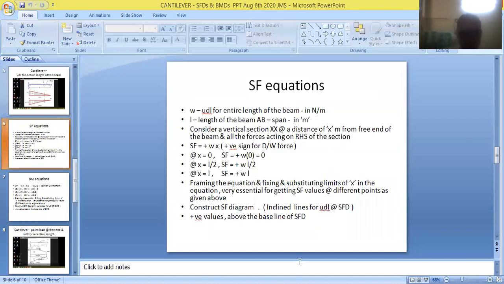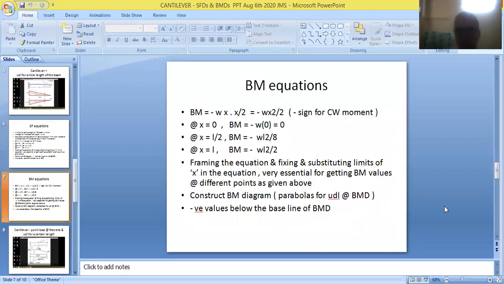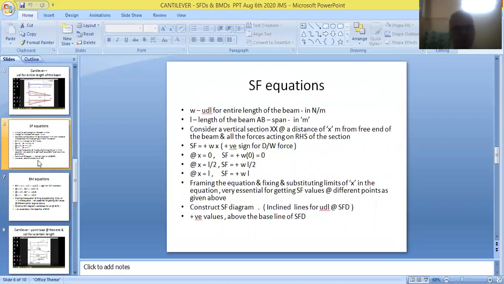So friends, we have talked about all these things, and these things are incorporated in SF diagrams. Now let us talk about the bending moment equations. So shear force we have written in the previous slide, we have written the value of shear force as Wx.